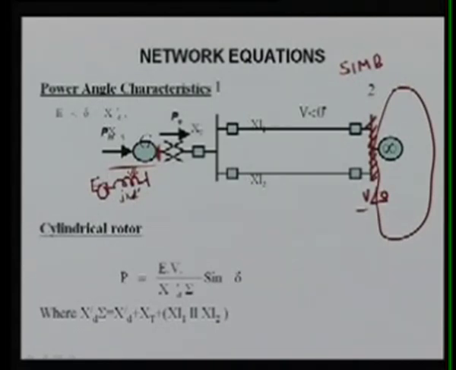So this PM we have assumed constant, but this electrical power P is changing and it depends upon the system, the angle, etc. Now for the cylindrical rotor, we can write the P. If you remember, we have already defined this P for any machine as V1 V2 upon X sine delta, and this delta is the difference between the angles of the two buses, and X is the element which is considered.